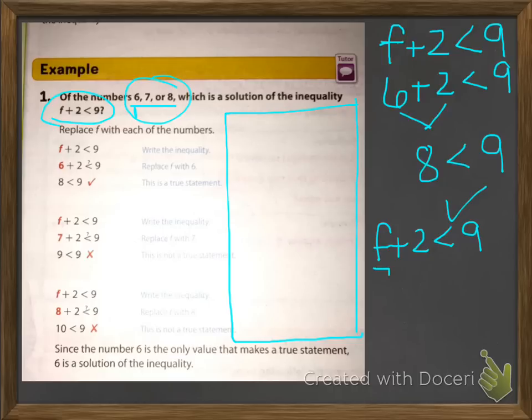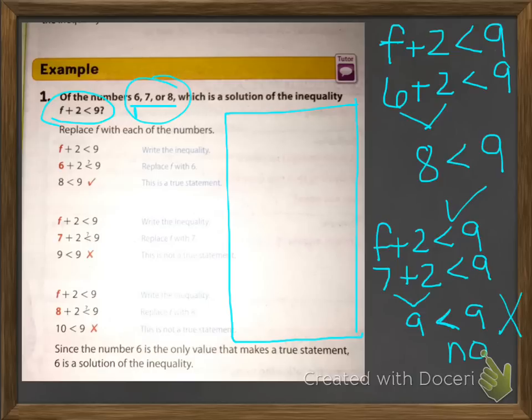I'm then going to substitute in my next value that it's telling me to test, and I copy the rest of the problem. 7 plus 2 gives me 9, and here it says 9 is less than 9. Is that statement true? No, it is not. So you would write not a solution, or no, it is not.